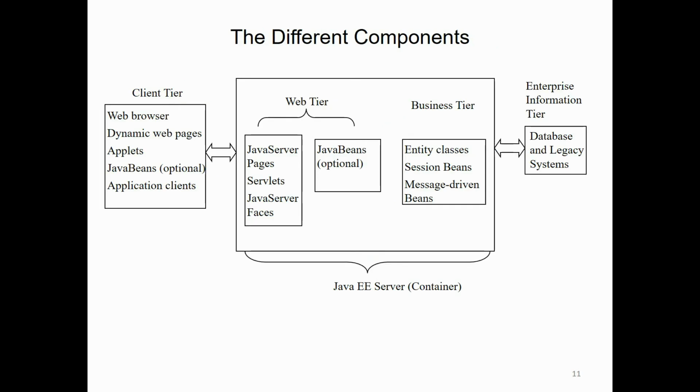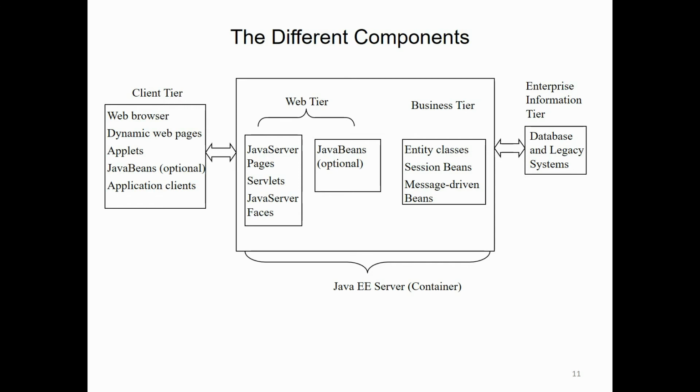So those tiers will look a little bit like this. You can see on the left in the client tier the various kinds of applications that would execute on the client machine. Within the server, we've got the web tier and the business tier. We will, in this lecture and the next lecture, consider some of the web tier, which might very well contain some ordinary Java Beans.